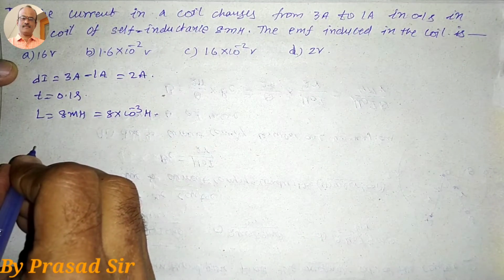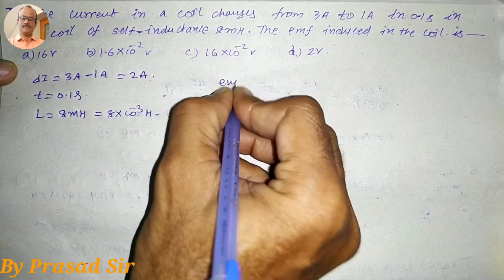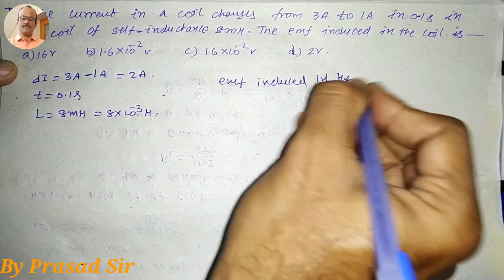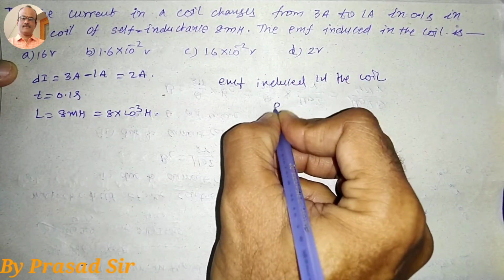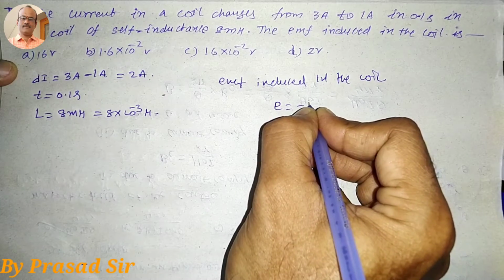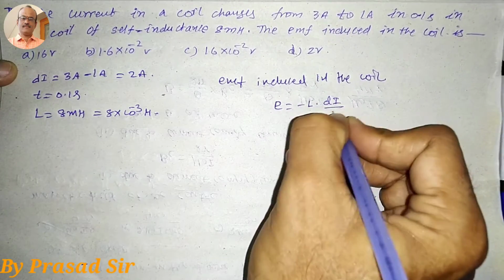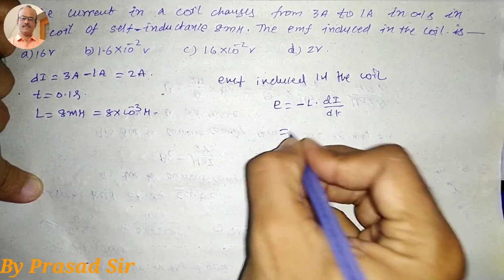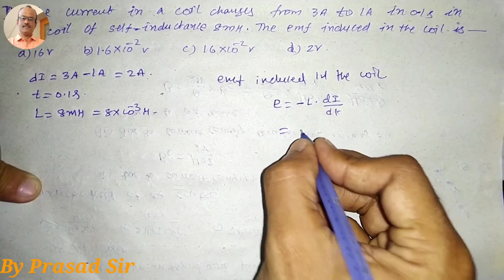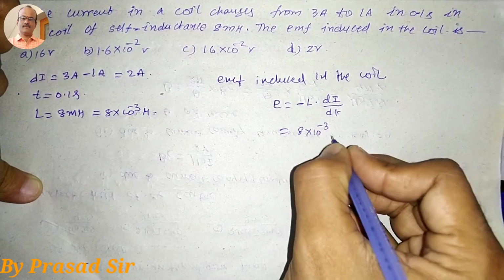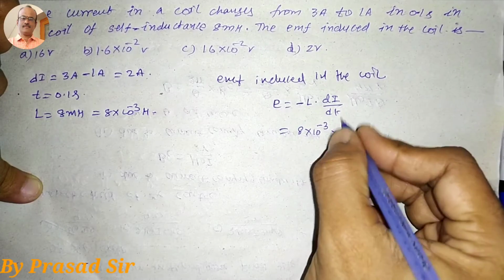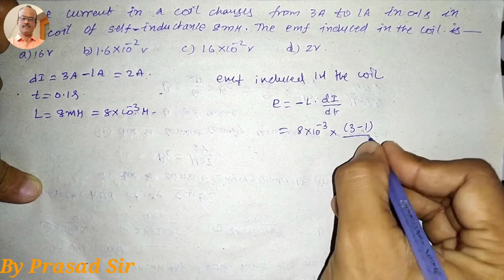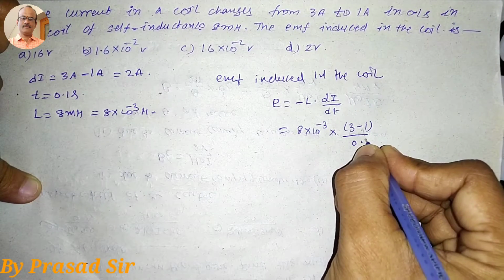So which one do we want to calculate? EMF induced in the coil. So E is equal to minus L into dI divided by dt. Here the negative sign indicates the direction, so we will take the magnitude. L is 8 into 10 to the power of minus 3, into dI, that means 3 amperes minus 1 ampere, divided by time 0.1 seconds.